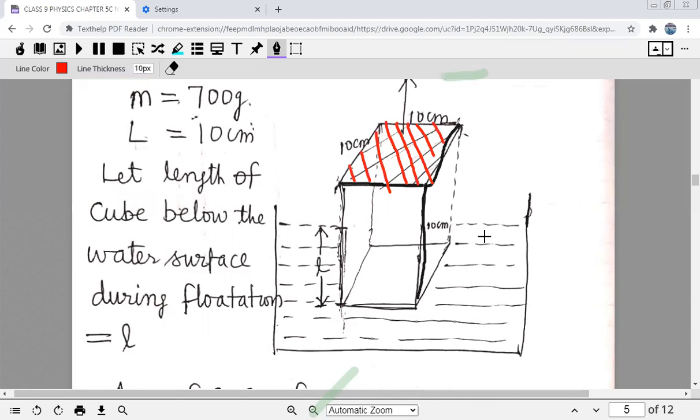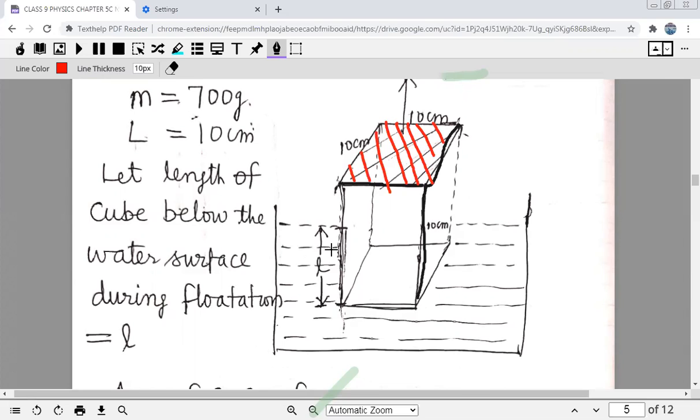What will be the volume of the cube? Area of cross section into length. Here the cross section will be the same throughout. So you have to find how much portion is immersed, and how much is above the water surface. So you find out the immersed portion volume.